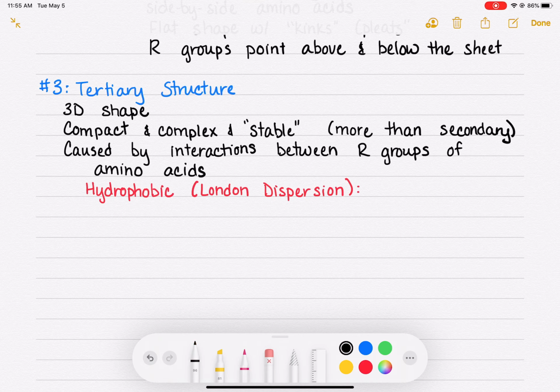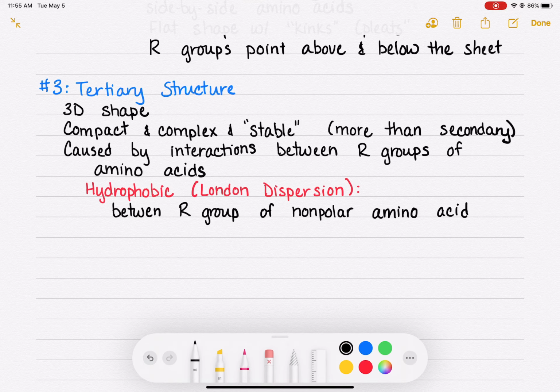This is an interaction that takes place between the R groups of nonpolar amino acids. And they don't really do anything in particular other than they just sort of clump themselves together.